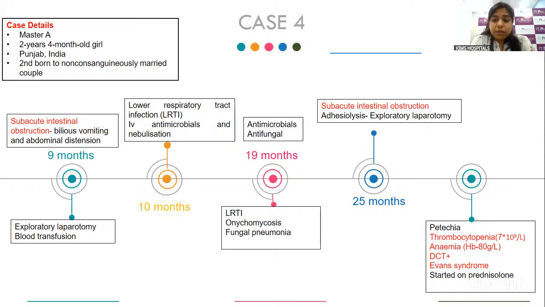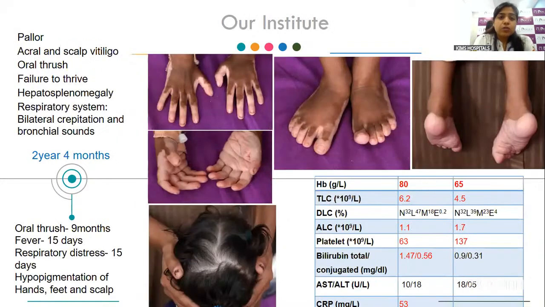Later, the child presented with autoimmunity in the form of thrombocytopenia and autoimmune hemolytic anemia. So the child was given steroids at this point. When we saw the child, he had oral thrush, fever, respiratory distress, and we also noticed vitiligo. Apart from this, the child had autoimmunity in the form of autoimmune hemolytic anemia, thrombocytopenia, vitiligo, and a lot of infections also.